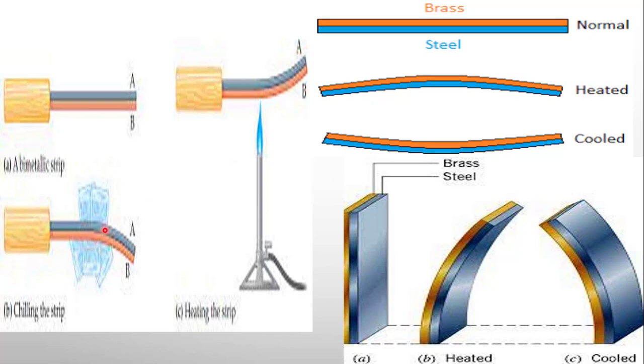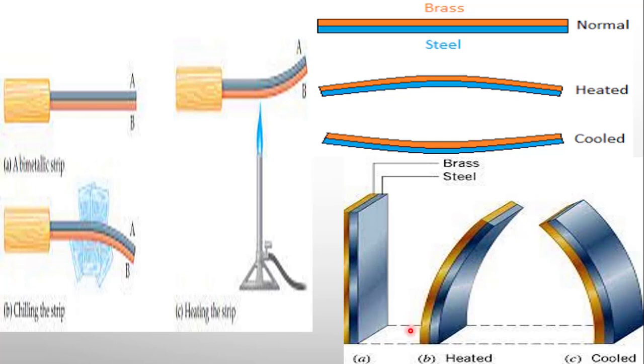And in this case here, the same material B, since it has a higher linear expansivity, once it's cooled, again contracts faster than A. Hence the shape that we are having here. We still have one for brass and steel. On heating, brass has a higher linear expansivity rate than steel.